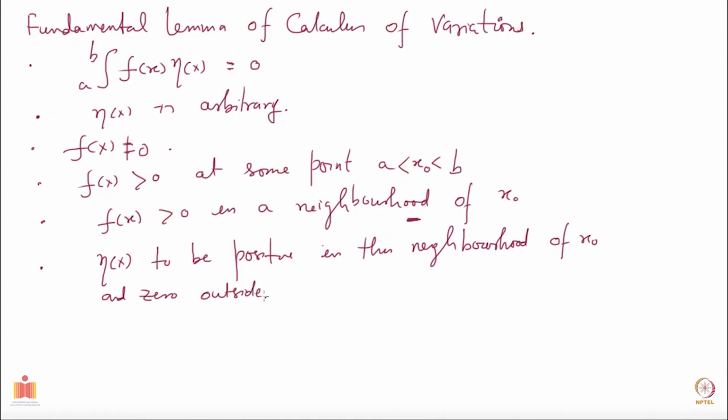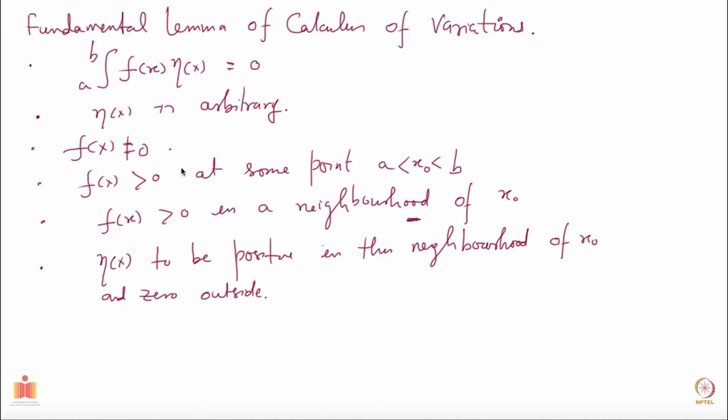You can make this choice for eta, but then it is evident that this integral of f times eta over x from a to b will not vanish, right? Because eta is 0 everywhere outside the neighborhood, so it doesn't care about what f is doing, so that will be 0. Unless these are singular, but we have assumed there are no singularities. And within the neighborhood where there is a support for eta, this is positive, that is positive, so it will give you an answer which will be positive.